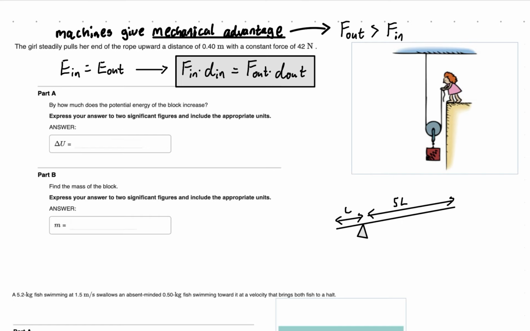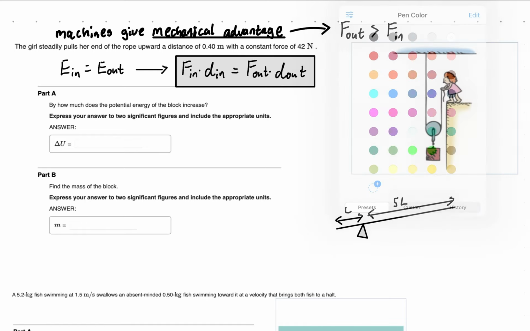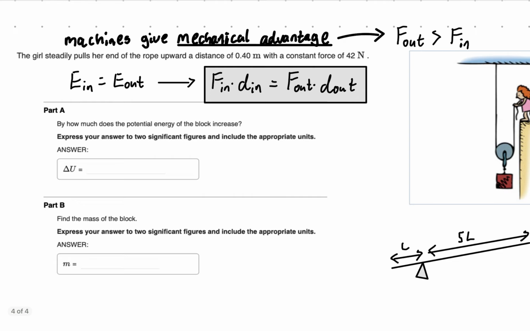So let's now actually take a look and solve part A, but I'm going to mix up the values a little bit. So let's go ahead and change our numbers. And you may see different numbers as well if you're doing this problem yourself. So let's make the distance that the girl steadily pulls the rope up 1.2 meters.